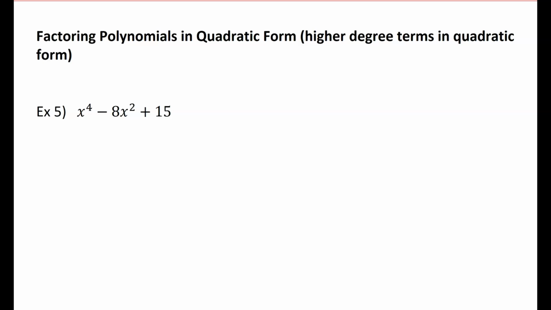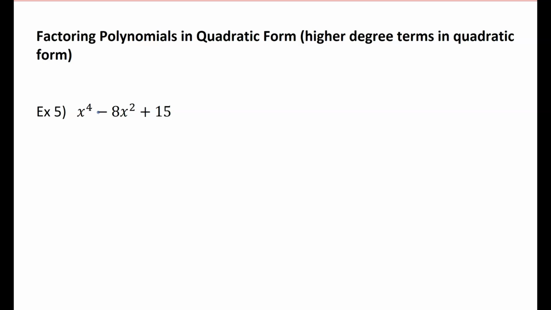So when I look at this one here, I see that I've got 3 terms. And the first term is an x to the 4th. And the middle term has half the degrees of the first one. So if you see that, you should be thinking, oh, I can probably treat this like a quadratic.